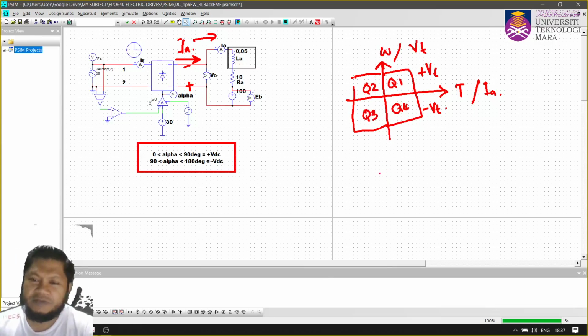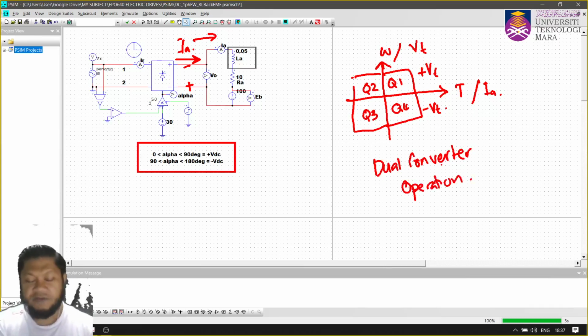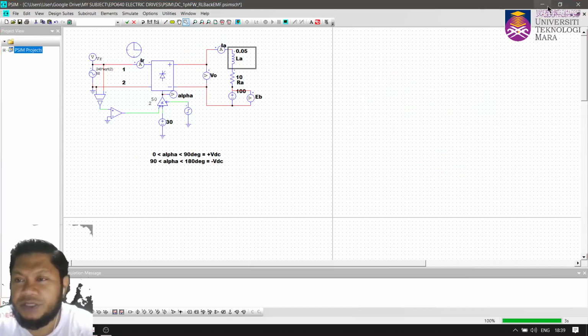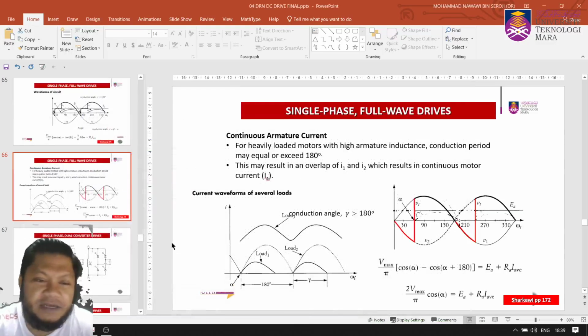That comes to the dual converter solution. You are going to have dual converter operation. With a dual converter, you have the same circuit but connected in anti-parallel.